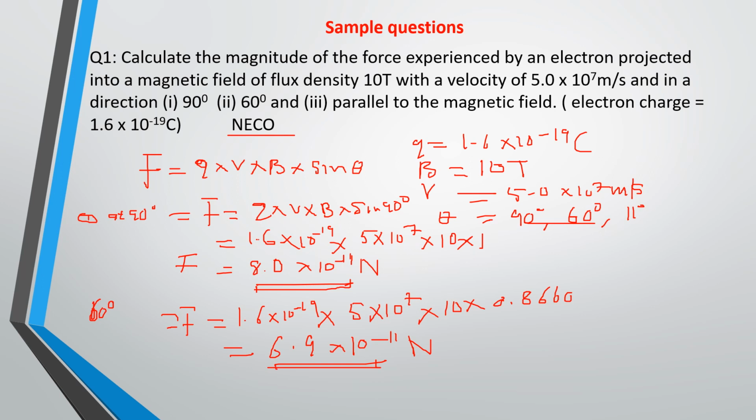Then when they are in parallel, it means that the angle between them is equal to 0 degrees. In that case, F will be equal to 0. So when they're in parallel, F will be equal to 0. That was what we discussed before.